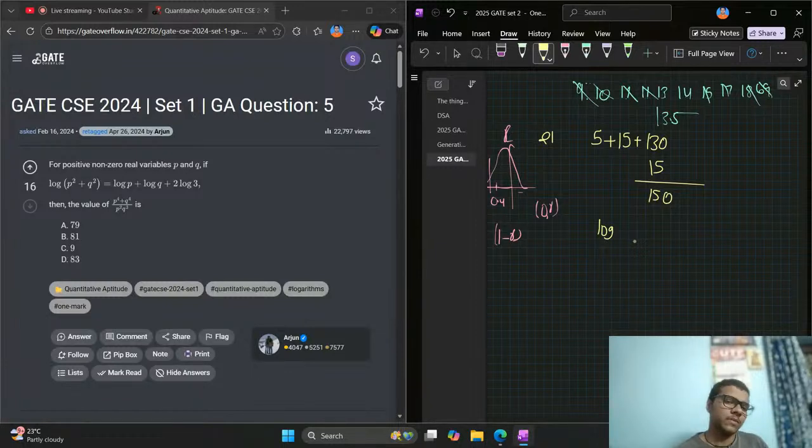We messed up some properties. Log of p square plus q square, log of pq, that will be 3 square, 9.